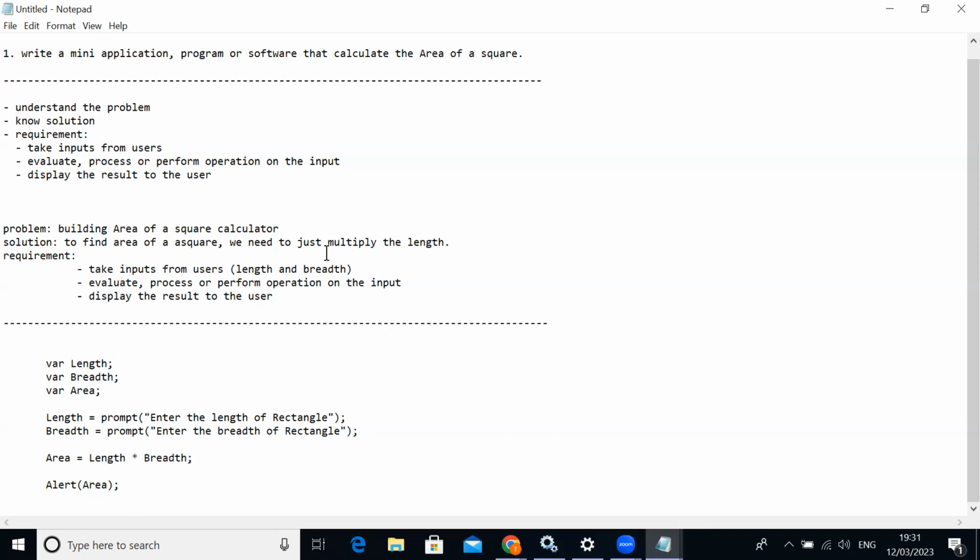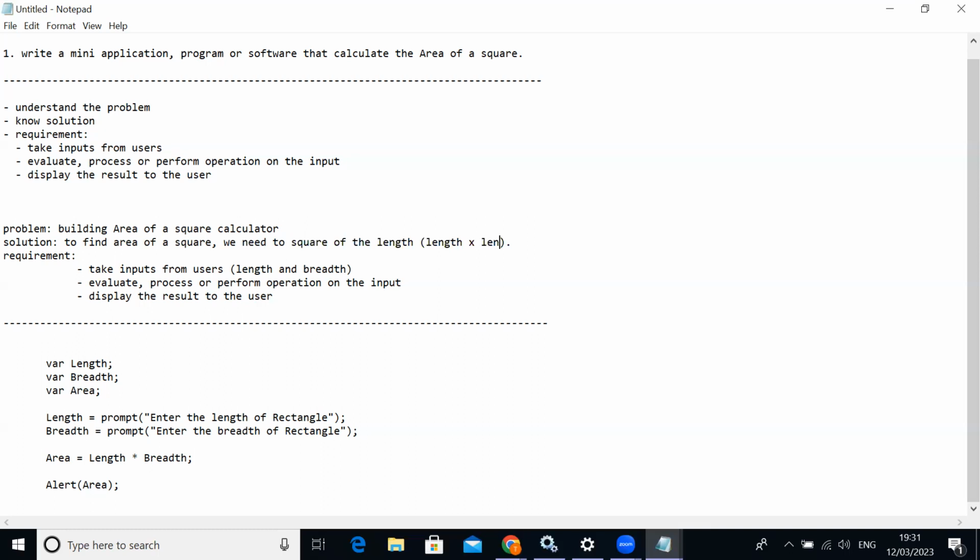So to find the area of a square, the formula is the square of the length. In actual sense, the formula is length times length.